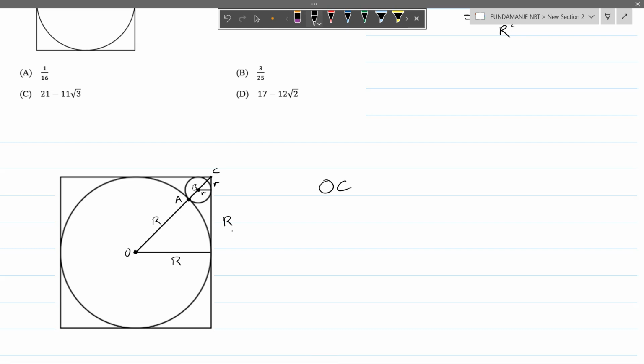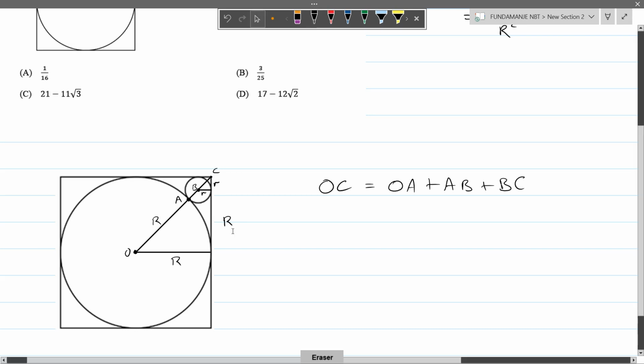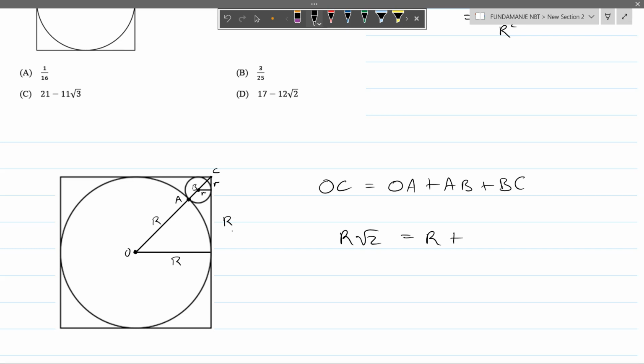We can say OC is equal to OA plus AB plus BC. If you see OC here, it's made up of OA, AB, and then BC. Then we can say that R root 2 is equal to R plus r and r again plus r root 2.